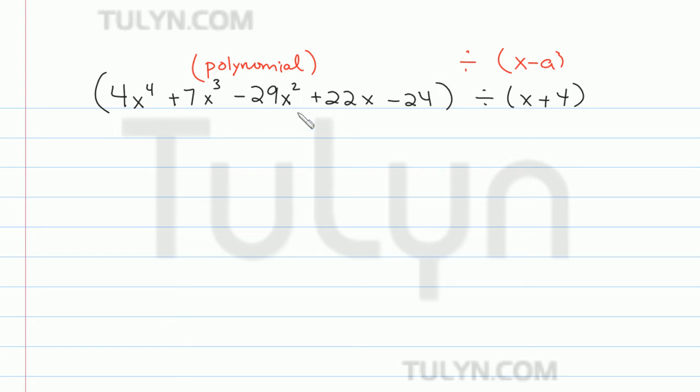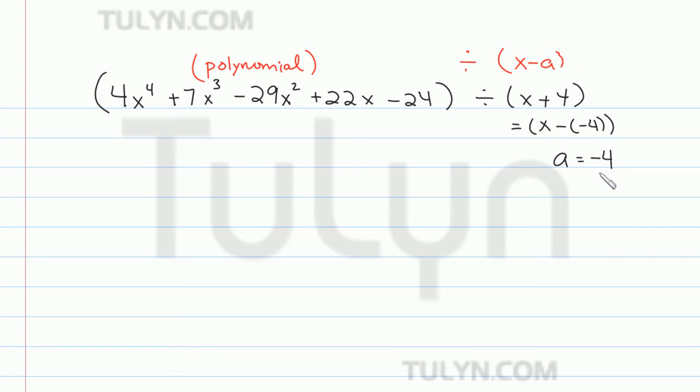So that's close to what we have, but we just need to rewrite this x plus 4 as x minus negative 4, right? Because now it's of the form x minus a, where in this case a is equal to negative 4. So now we're ready to do the process of synthetic division.